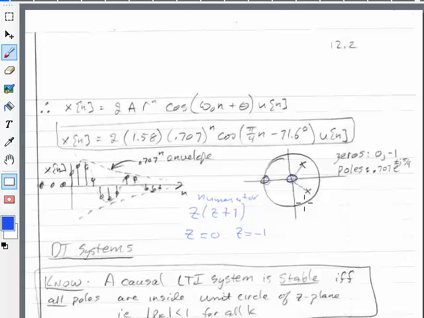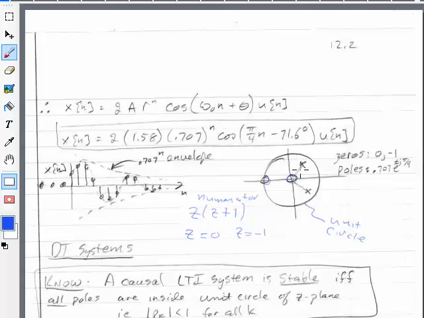You always start by drawing the unit circle, just to give us a picture of where we're at, and that'll have more meaning as we go along. The two poles were at 0.707 e to the plus or minus j pi over 4.